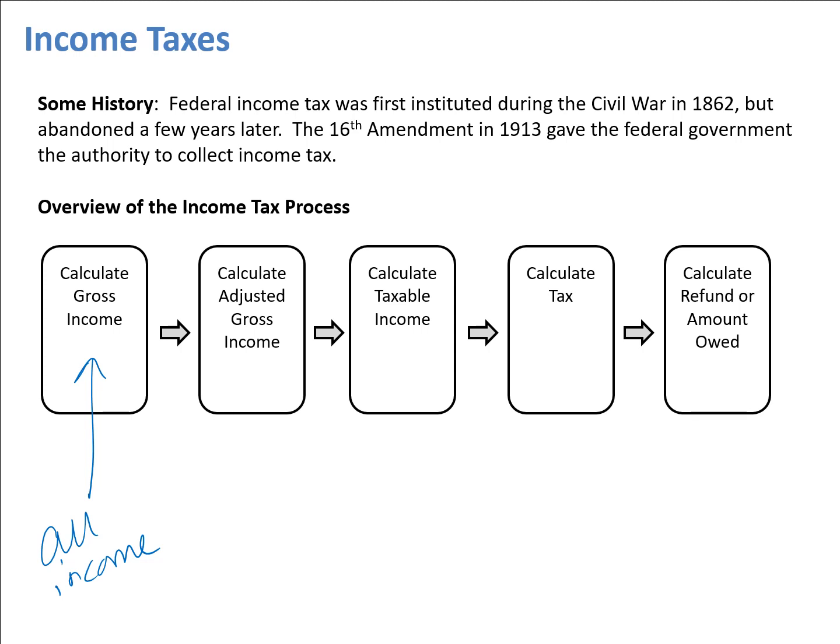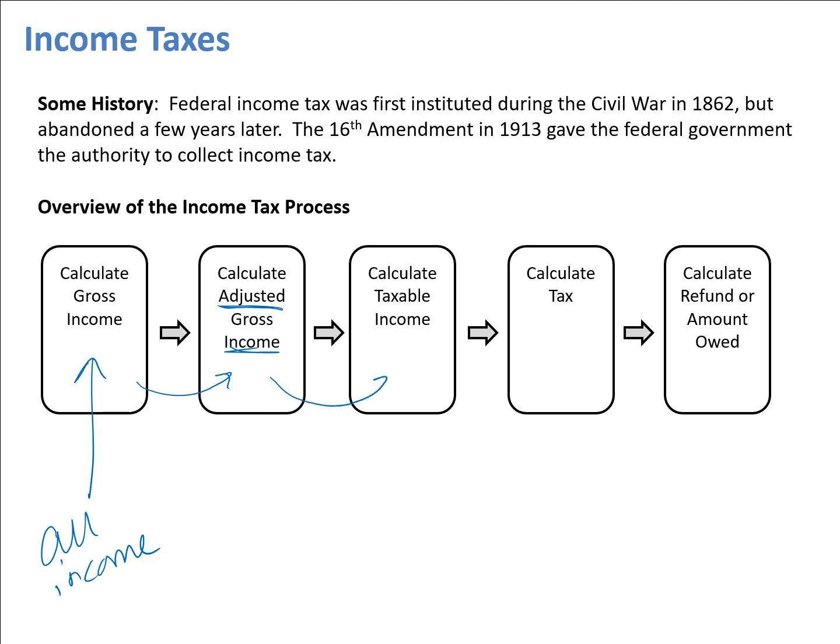for the entire year. Then the federal government allows you to subtract some of that based on approved adjustments. Those can be contributions to IRAs, in other words, retirement funds, and other things. So there's a list of things that you can adjust your income by. That means subtract it off.